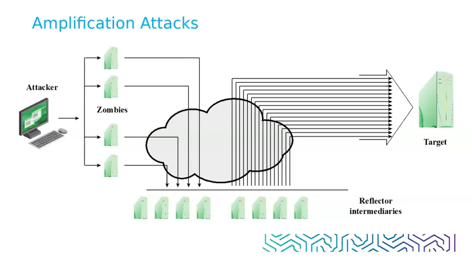While the Fraggle attack applied the same concept using the UDP echo service, and these attacks greatly increase the attack traffic while requiring minimal attacker bandwidth. So effective defenses include blocking source IP spoofing, disabling directed broadcast, and disabling unnecessary UDP services. So the firewalls and DDoS mitigation solutions.